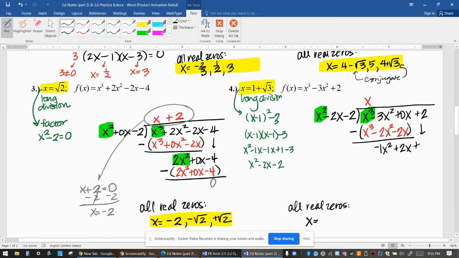Watch your signs. And then remember here, any number subtracted from itself is 0.